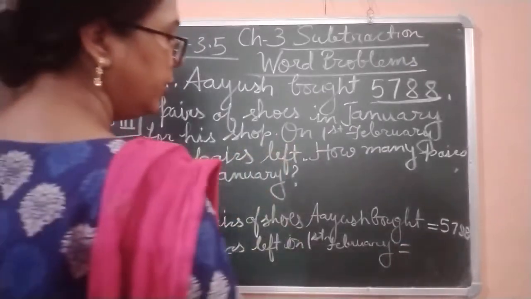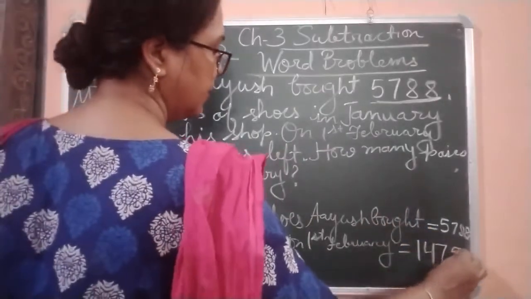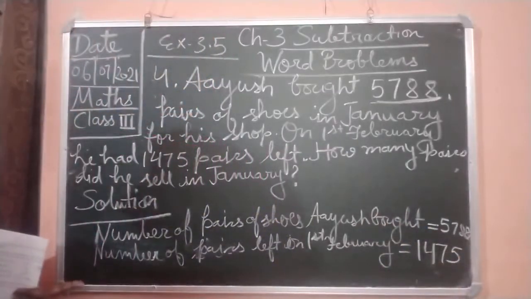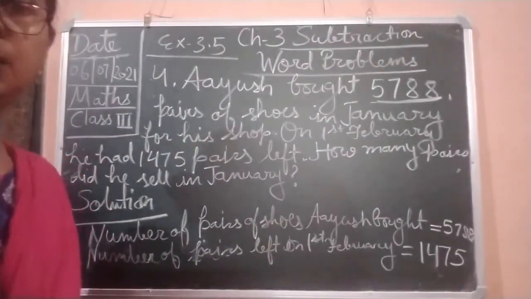There is 1,475. 1,475 is left. Okay, now we have to take out how many pairs did he sell in January.